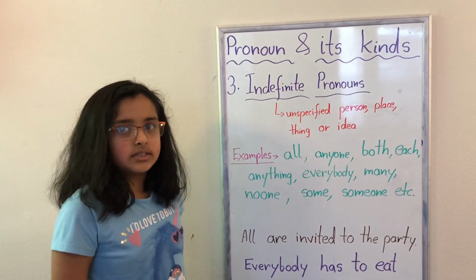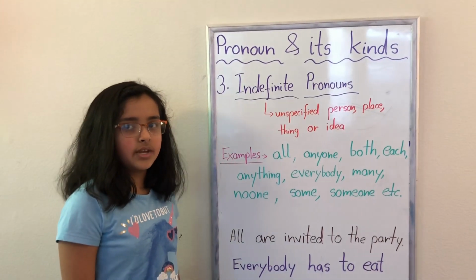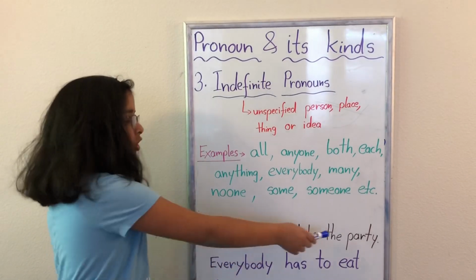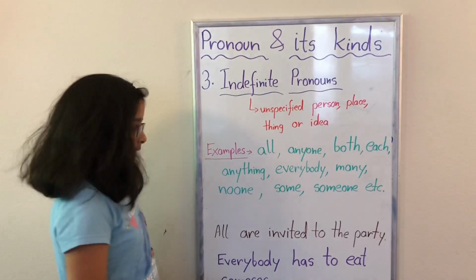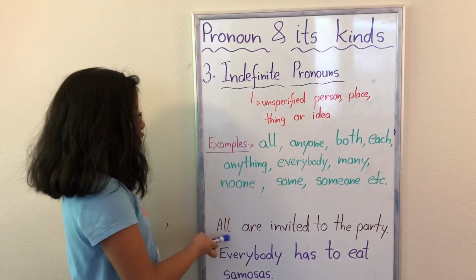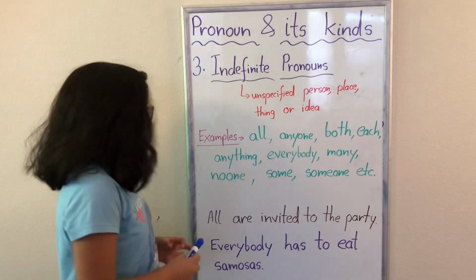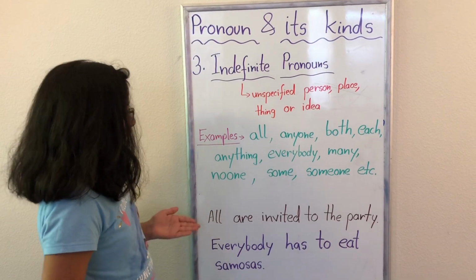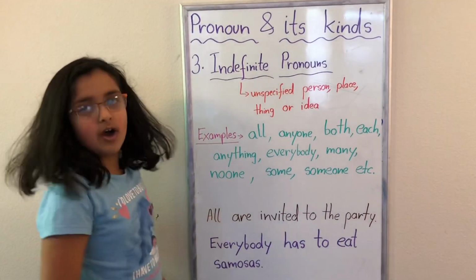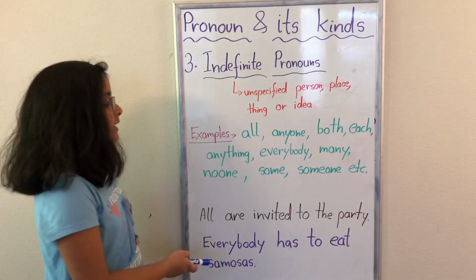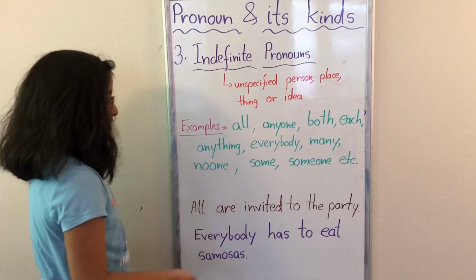Some sentences with indefinite pronouns in them could be, all are invited to the party. In that sentence, we don't know who all is, so we don't know the specific people that are included in that all. Another example could be, everybody has to eat samosas.